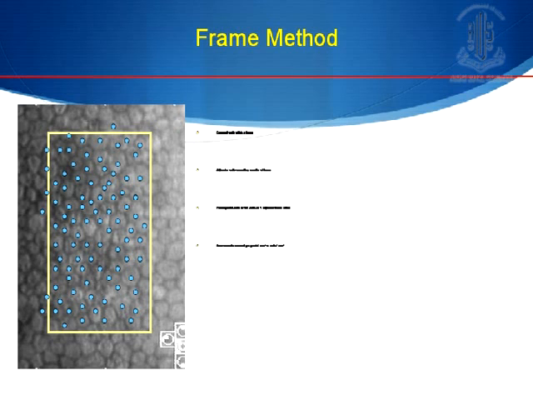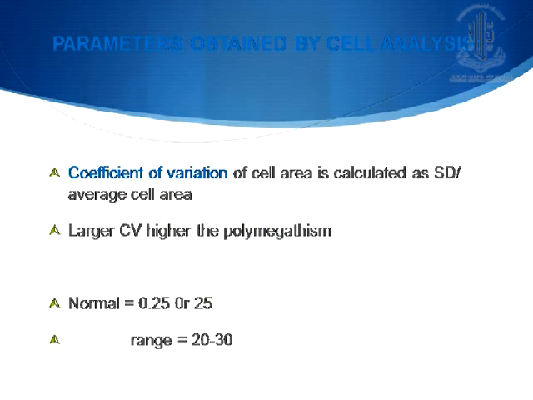So you have to manually pick out the center of the cells so that you choose the right cells, and then it gives you the coefficient of variation, and the larger the variation, obviously that means there is more polymegathism.